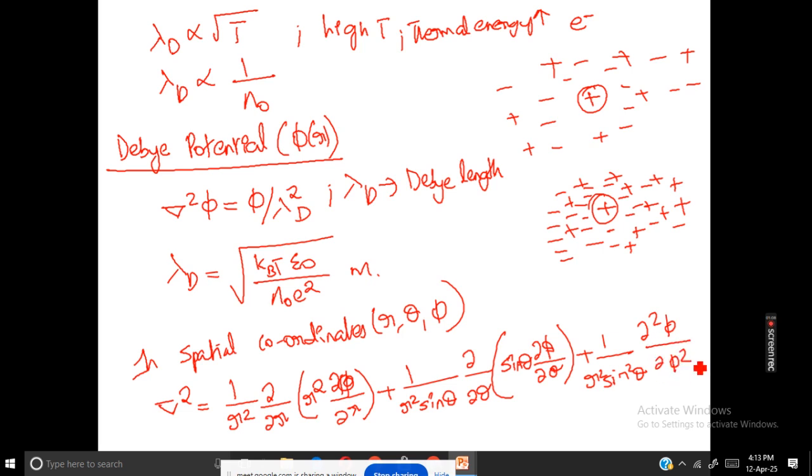This is the expansion of del square in spherical coordinates r, theta and phi.